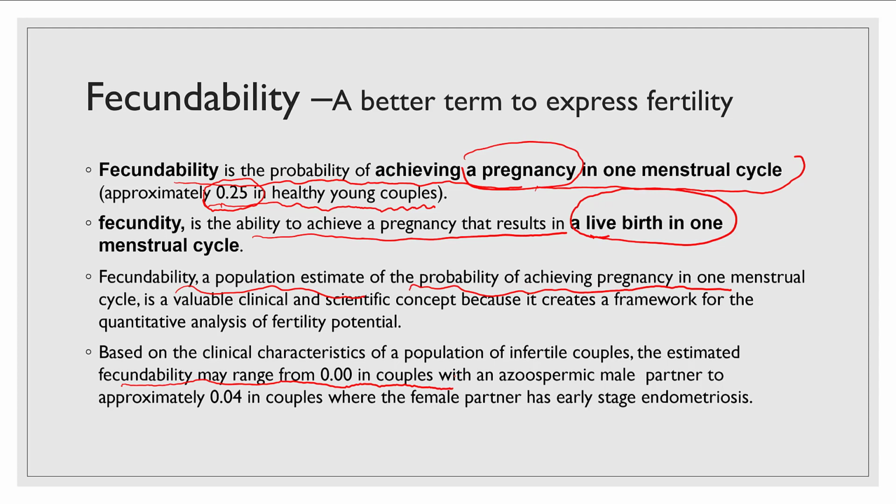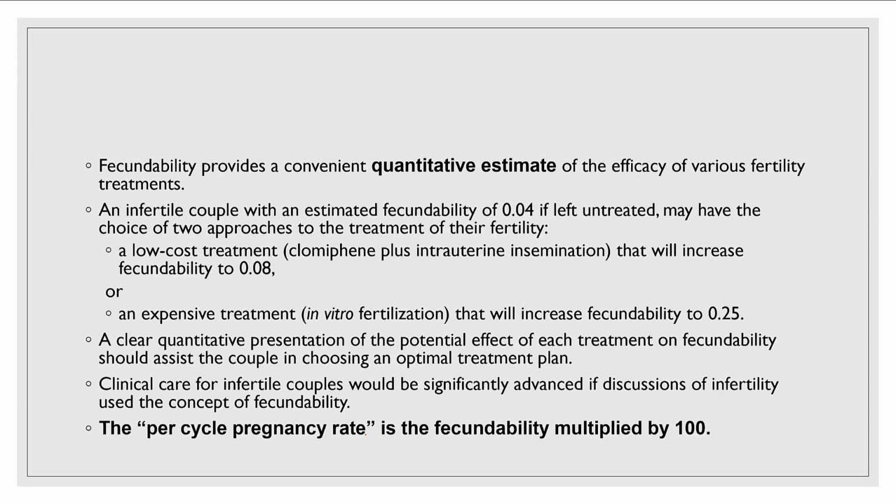So it can be 0 in a completely azoospermic male, 0.4 in a female with endometriosis, and in a couple with difficulty in achieving penetration, it may be 0.05. Like that, we can put their fertility on a range of 0 to 1 at different degrees, and we can juggle around with these by various estimations.